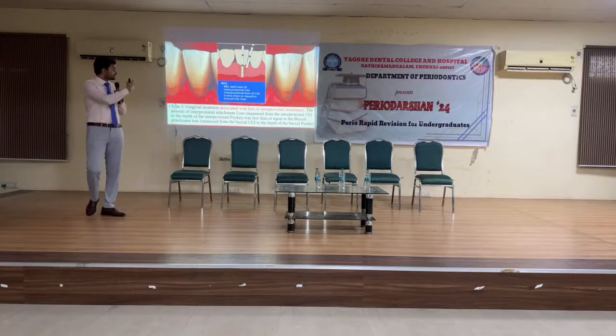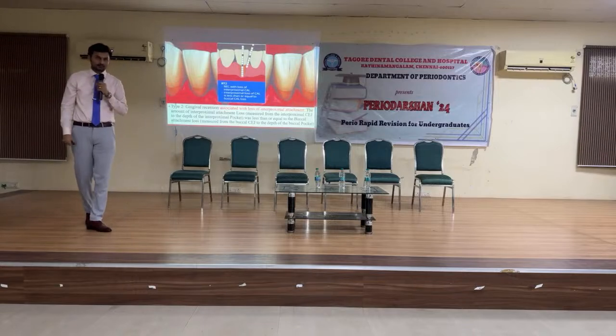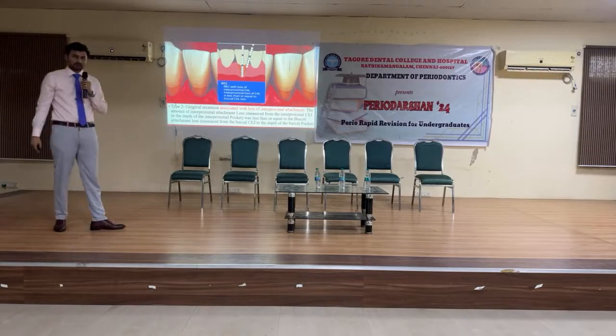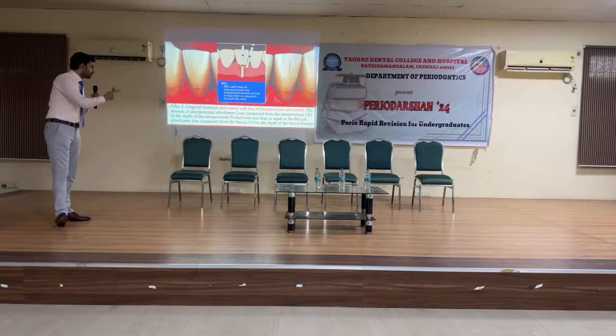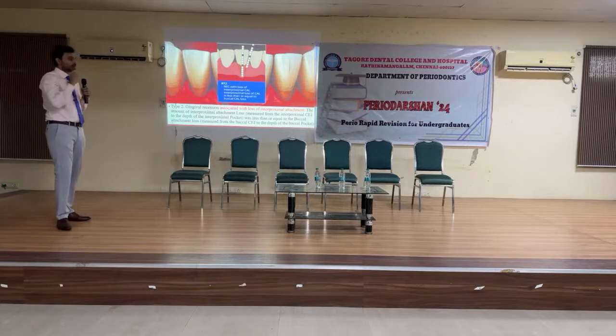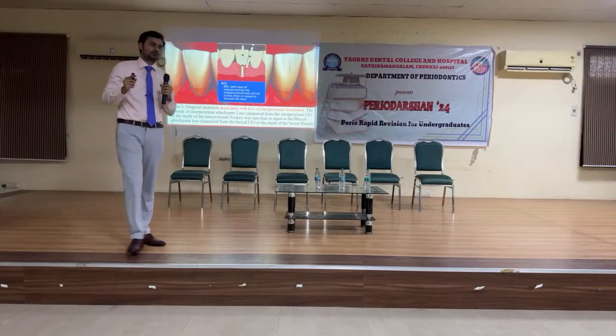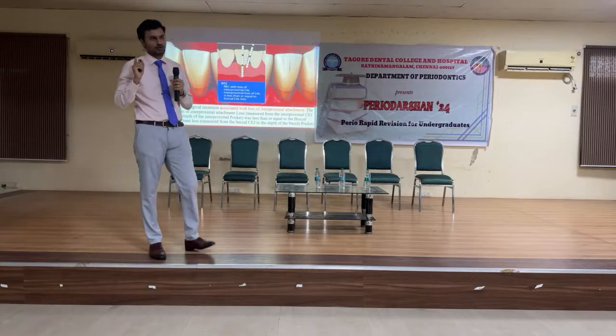Can you appreciate an interproximal attachment loss here? Yes. So we have a buccal attachment loss? Yes. So you will have both attachment losses, but the interproximal attachment loss will be less than or equal to the buccal attachment loss. This is what you have to get, okay?